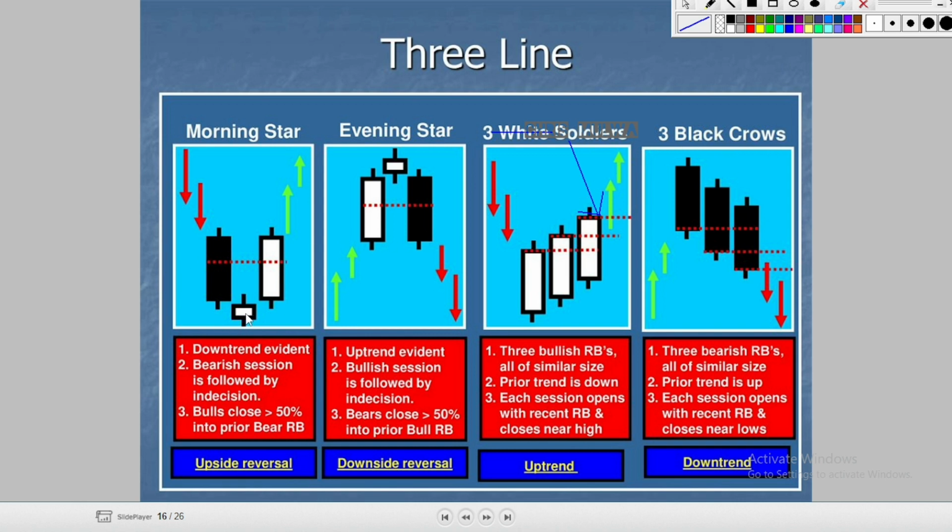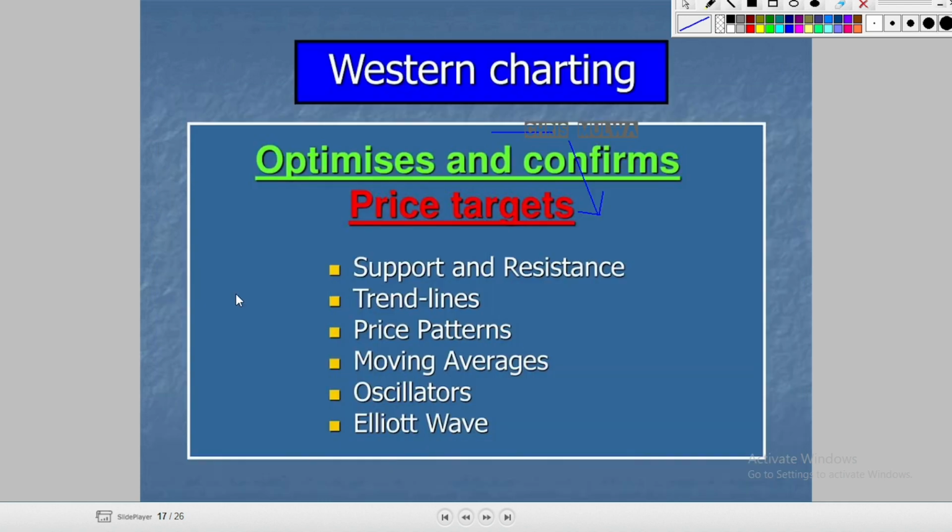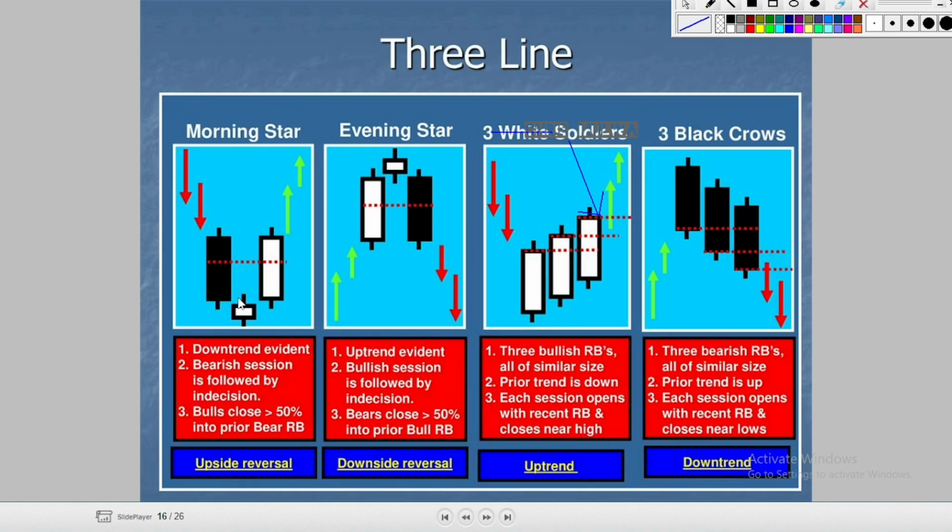You can see the morning star, this one. When we have a very big movement like this one, these pairs, we trade at this point, place our buy at this point.